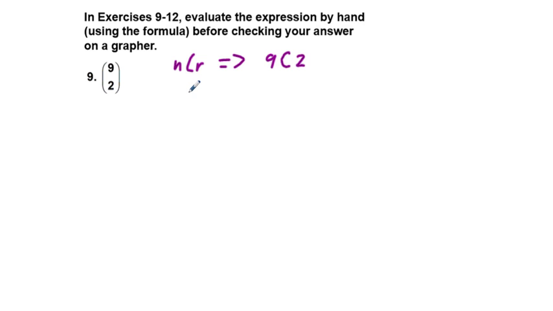For the formula, the binomial theorem is n factorial over r factorial times quantity n minus r factorial.